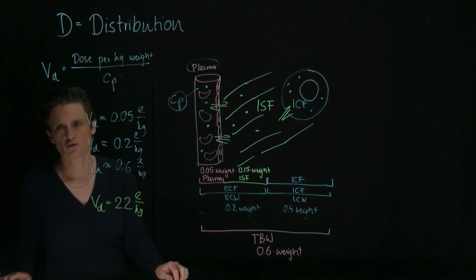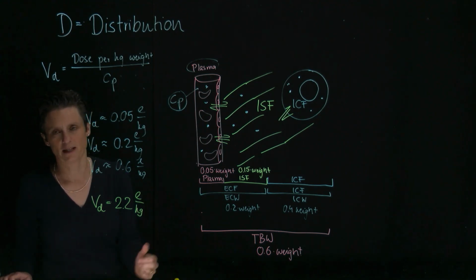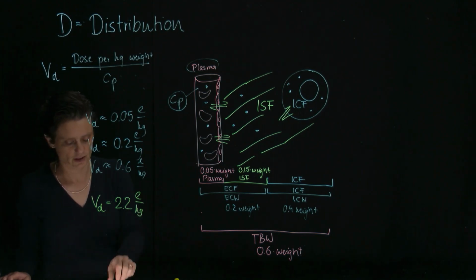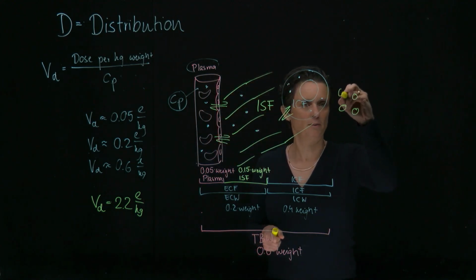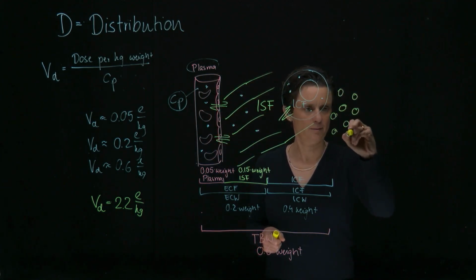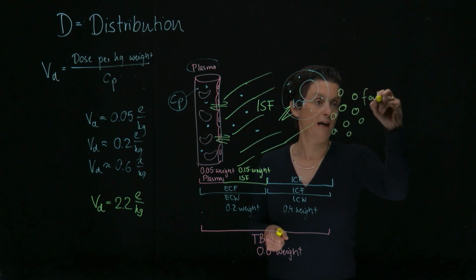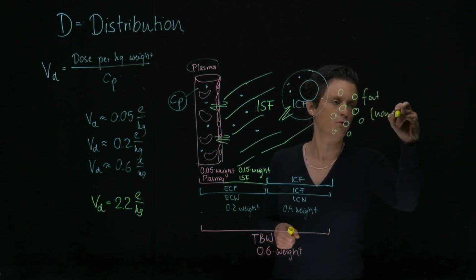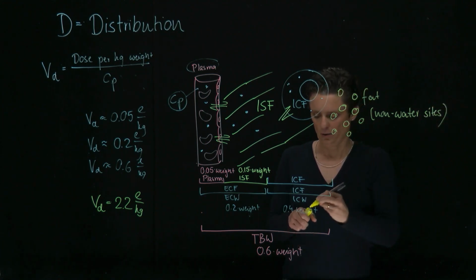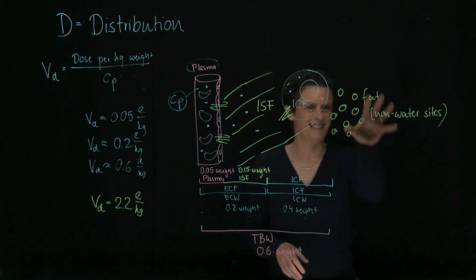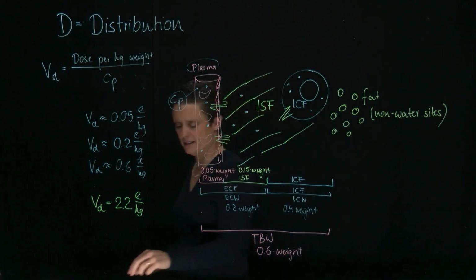That means the drug also went to other places and distributed in non-water tissues, such as fat. So let's put in here a couple of fat droplets. Let's suppose that's fat or any other non-water sites. Could be bone or any proteins inside cells. So just somewhere else.